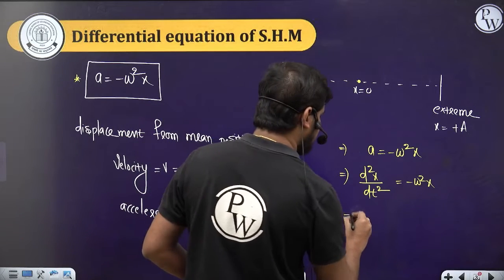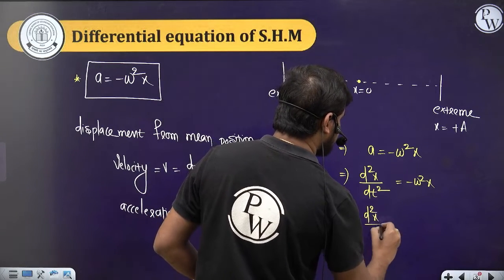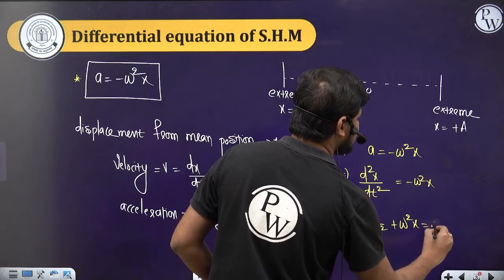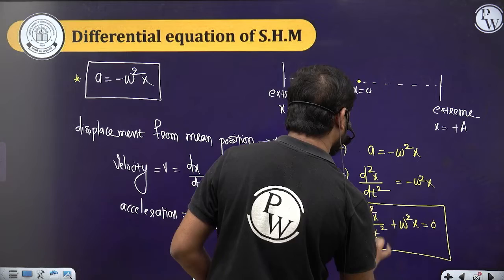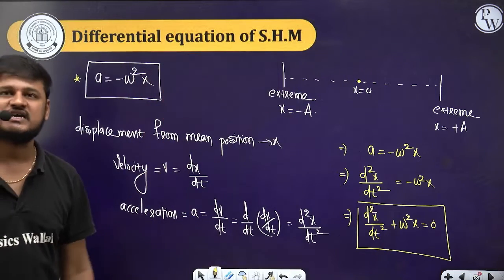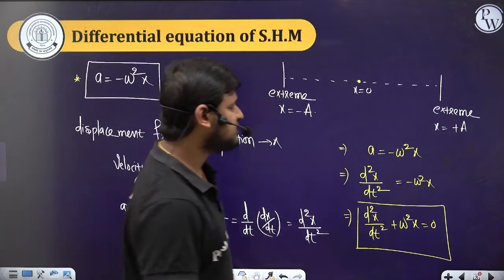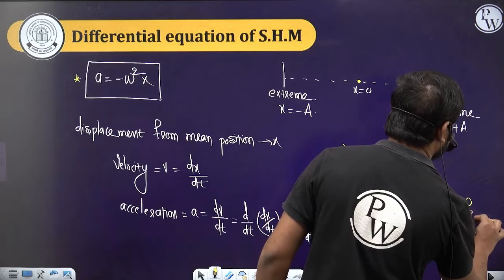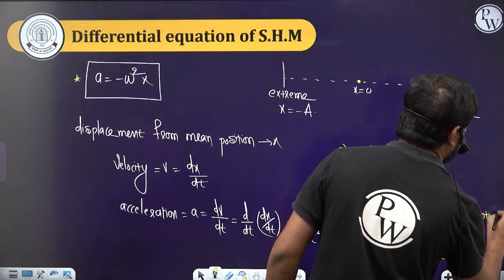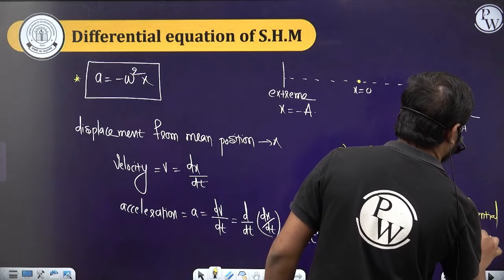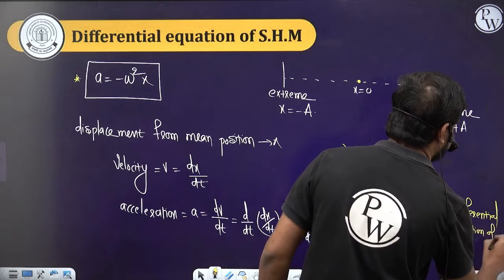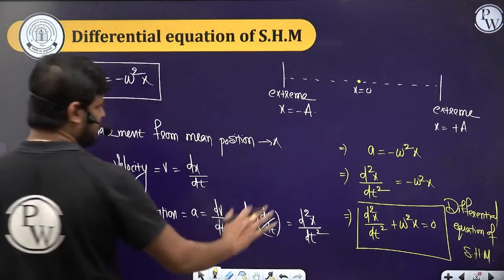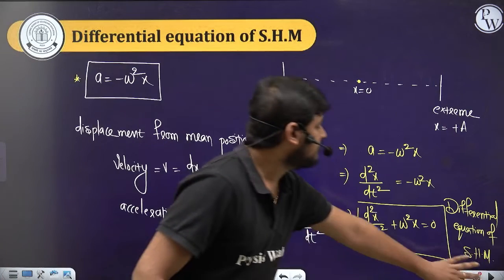Then I can write d square x by dt square plus omega square x equals 0. This is called the differential equation of S.H.M. Understood? A basic thing. Just have the idea about this. Next we'll move further.